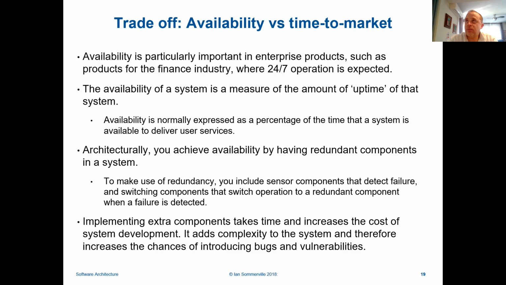In other words, there's a certain problem, like I can't let the database be updated while I'm backing it up, maybe, as it depends how the backup system works. Anyway, to make use of redundancy, you include sensor components that detect failure and switch components that switch operation to a redundant component when a failure is detected.